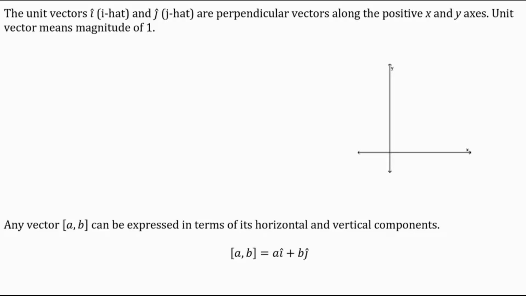So the unit vectors in two space are defined as i hat and j hat. That's what we call them. And they are vectors that are perpendicular to the x-axis and the y-axis respectively. So unit vector means it's a vector with a magnitude of 1, right? So we talked about magnitude. That's like the length of the vector, the length of the line.